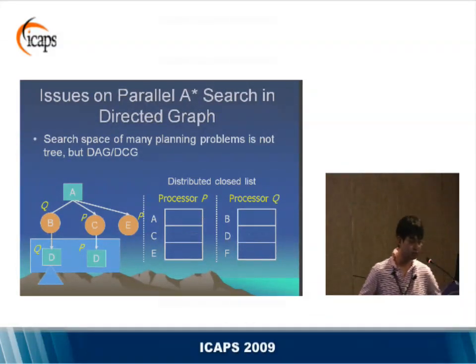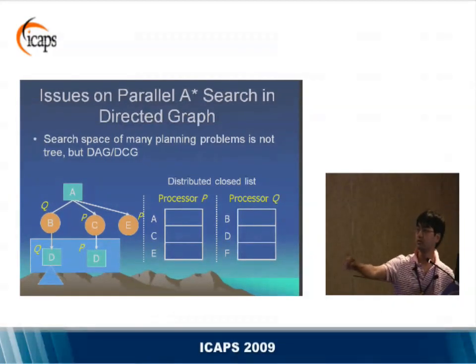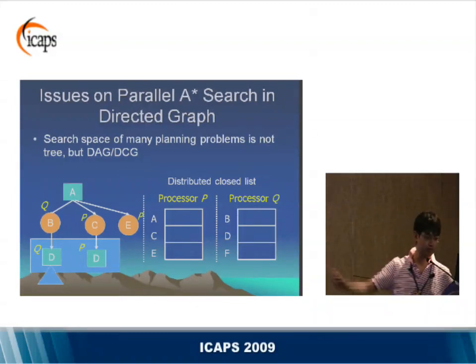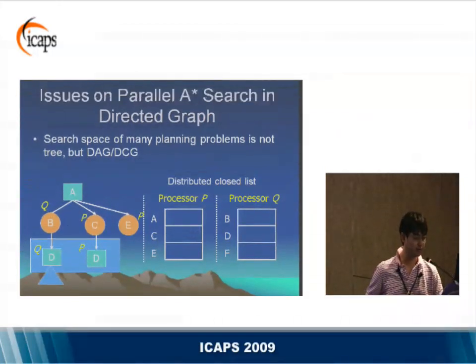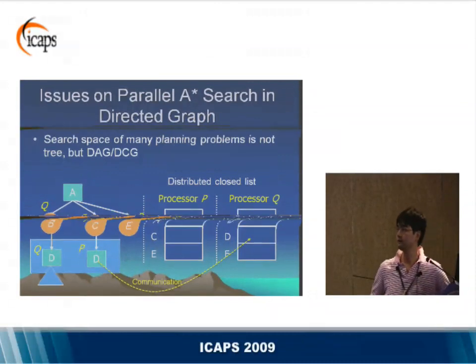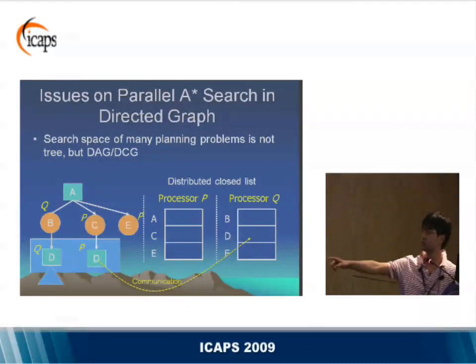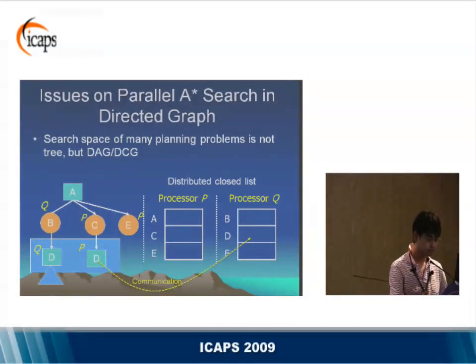But the problem is that, assuming that Q is searching below D, and Q marks that D is searched by Q, then what processor P must do is first send a message to processor Q to ask for the information on D, because D is located there. We need communication here.